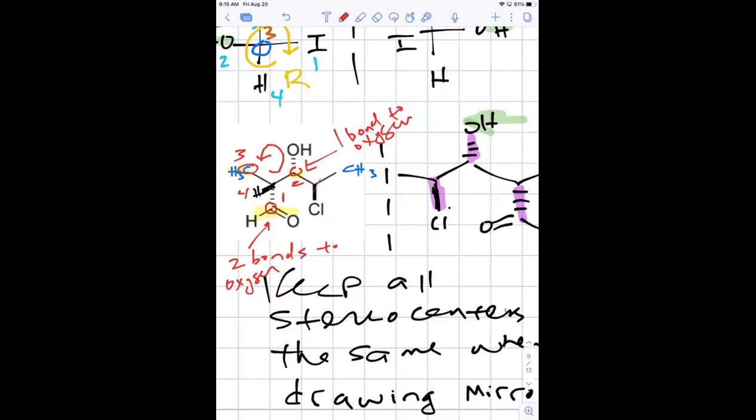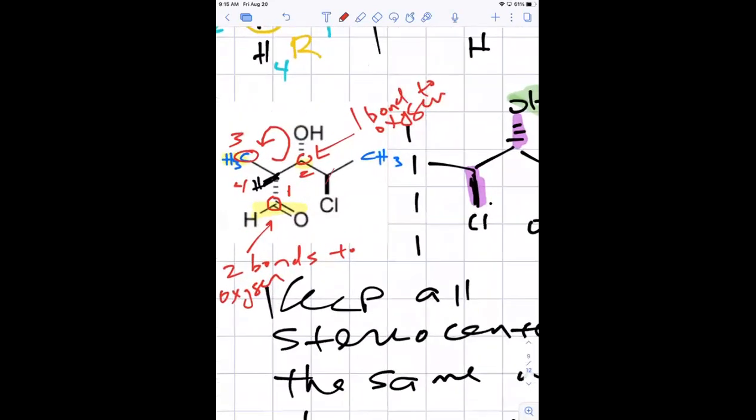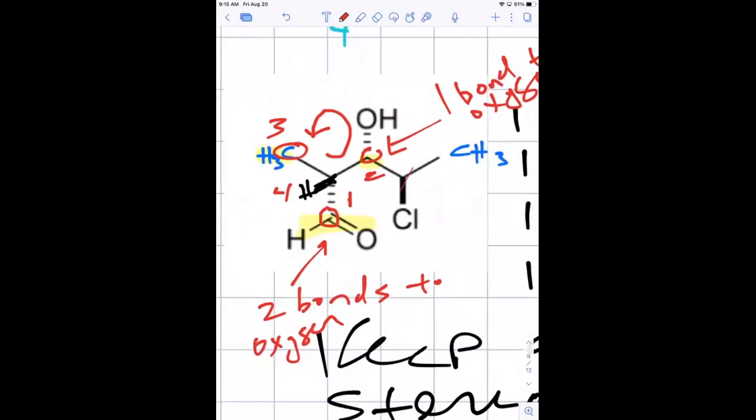Counterclockwise. But remember the shortcut we learned the other day: if that hydrogen is on a wedge, it's not in the back, and we're going to reverse it, right? So the fact that it's counterclockwise means that it would be S, but since H is wedged, we're going to make it R. So this stereocenter right here is going to be R.